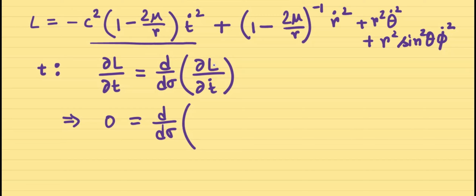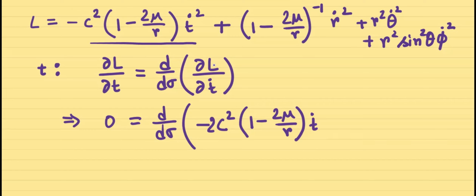And if we differentiate it with respect to t dot, what do we get? The previous portion remains unchanged because there is no t dot there, so this remains exactly as it is. And then we have a 2, and then we have a t dot. Now, of course, on the left hand side we have a 0, on the right hand side we have a derivative, and therefore the quantity inside must be a constant with respect to sigma.